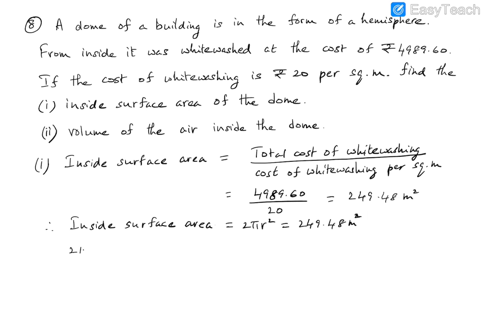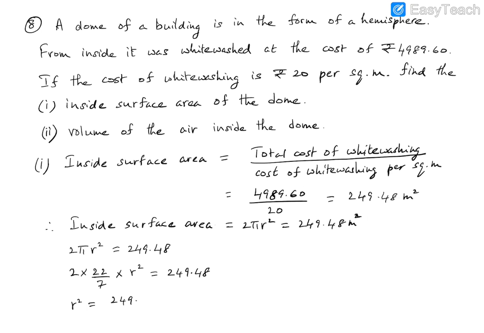So let's substitute that. 2 pi r square is 249.48. So that's 2 into 22 upon 7 into r square is 249.48. We can now obtain the value of r square. We'll take all the other terms to the other side of the equal sign.